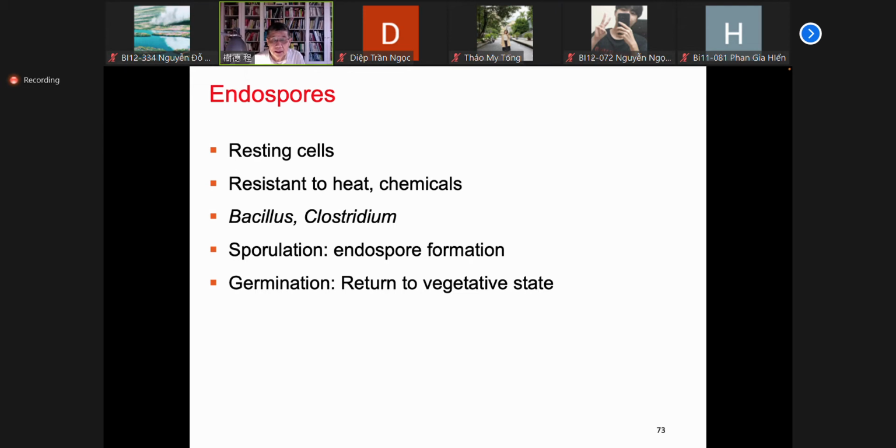Currently we know a lot about the sporulation process. First, it is resistant to heat and chemicals, so it's very important.